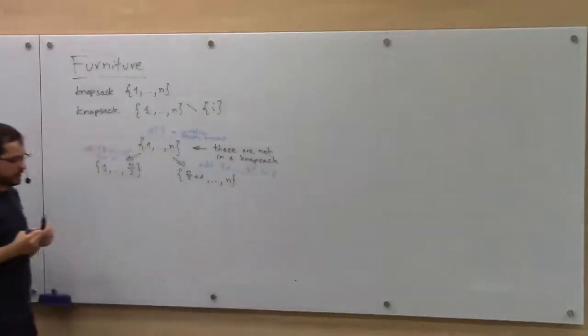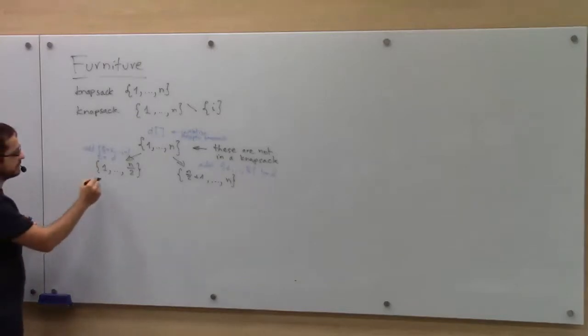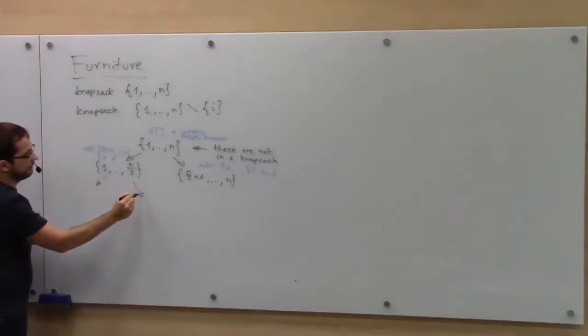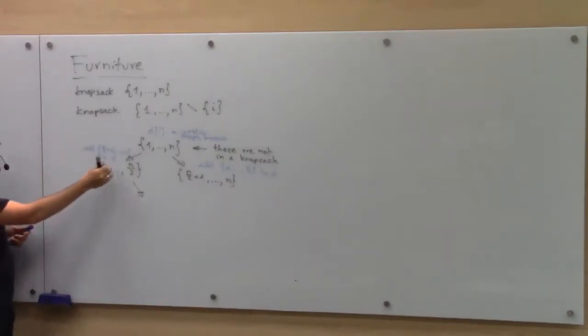So basically, we'll do this recurrence in which we partition the elements, and all of the elements which are not in our set, we will have to add them to the knapsack. So once again, we will partition this set into 2.